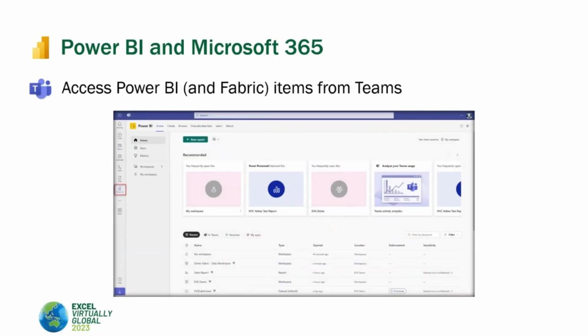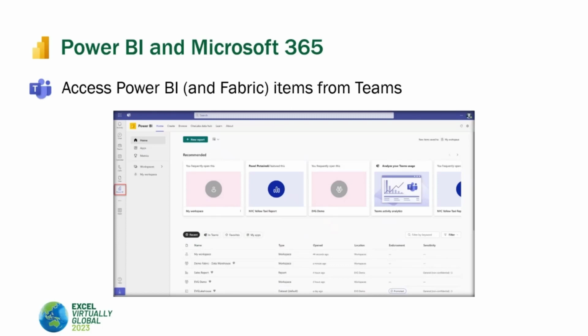There's no need to switch to check the reports supporting your everyday work. You just simply add the Power BI application to your Teams, and you will see the familiar user interface with all your Fabric items available. Even lakehouses.